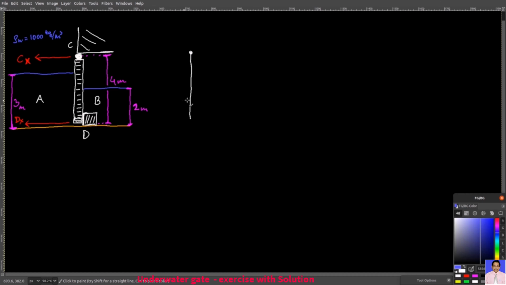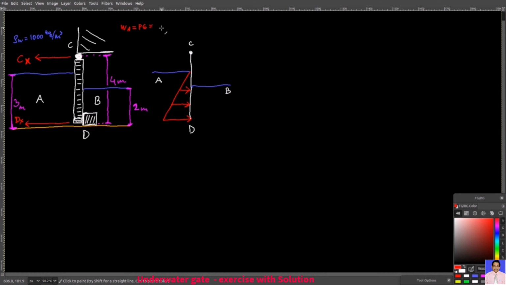Now if this is again the gate, and here I have my water levels, and this is the A side and the B side, this is C, and this here is D, then on the A side, you have this pressure distribution. Let it be WA equals P times 6. 6 was the width of the gate, and P was the pressure in pascals.